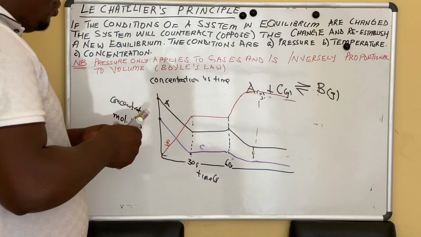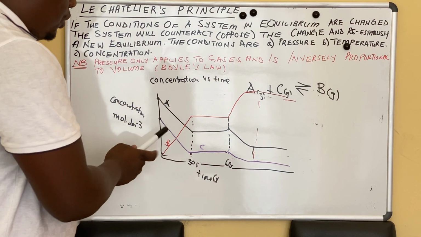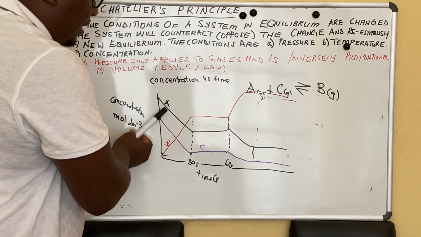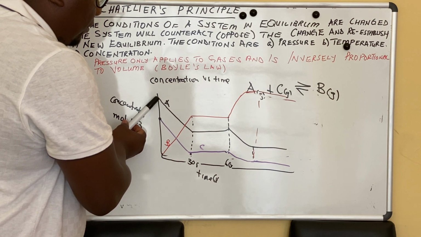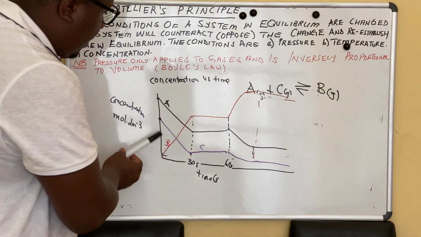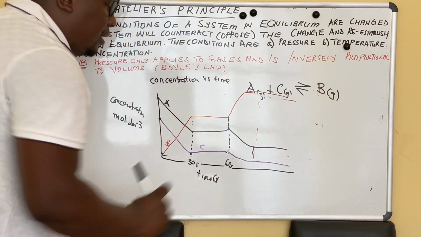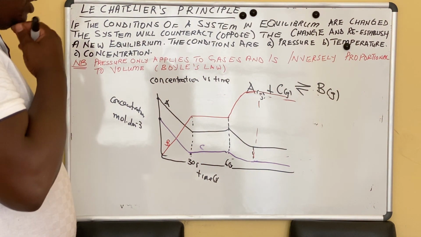So let us just go over it very quickly. Initially, because this is a reactant, the concentration starts at a certain value and then it decreases with time. This one also decreases with time. But we are going to reach a point whereby the system is in equilibrium, where the graphs are horizontal.